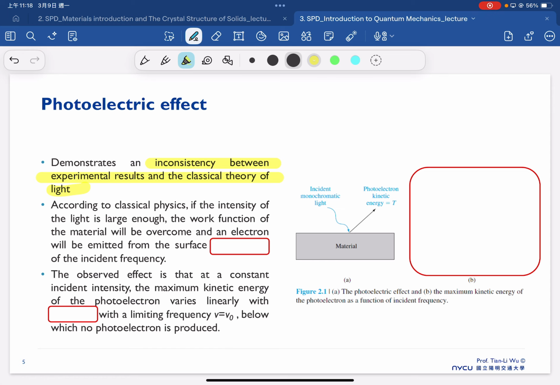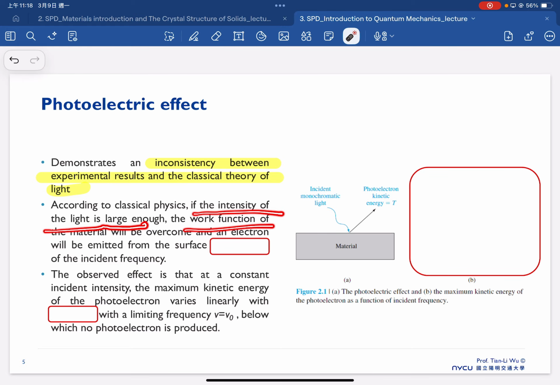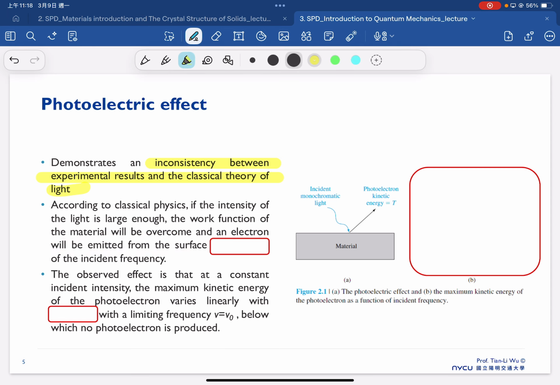According to classical physics, if the intensity of light is large enough, the work function of the material will be overcome and electrons will be emitted from the surface independent of the incident frequency.